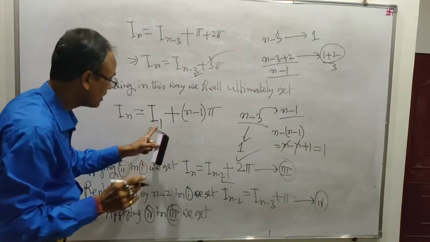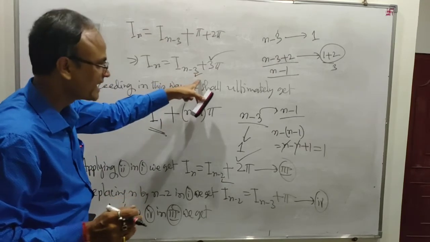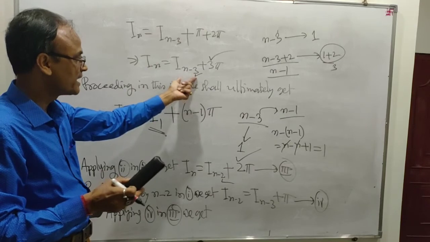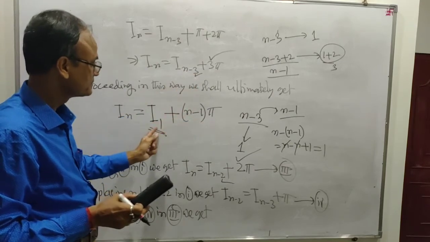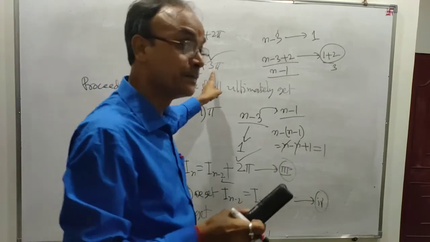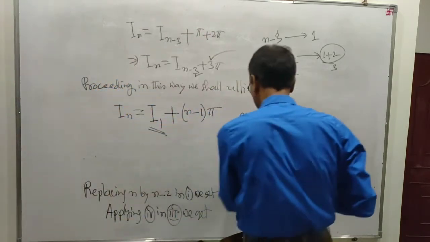To get 1, I1, we have to replace 3 by n minus 1. If this 3 has been replaced by n minus 1, this 3 should also be replaced by n minus 1. Perhaps you have understood.